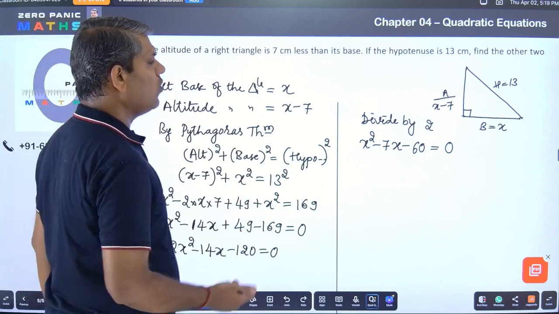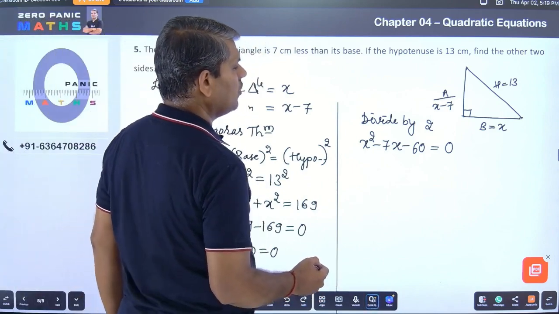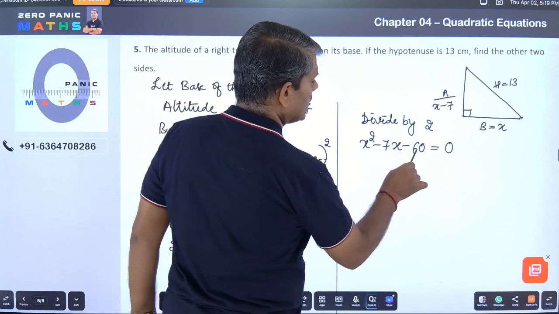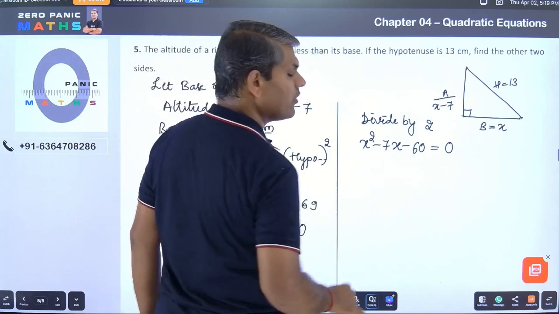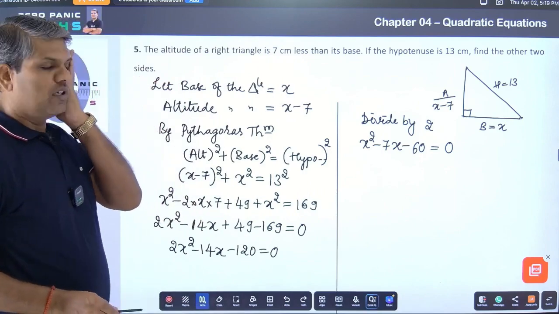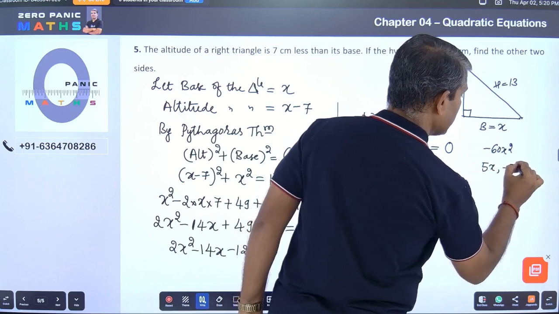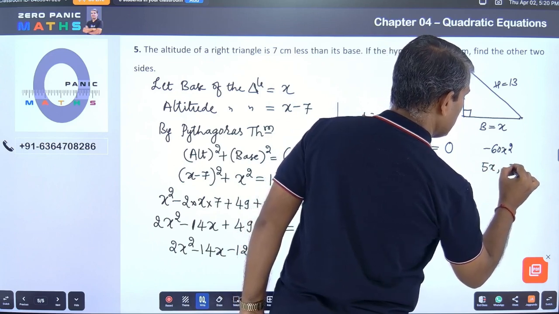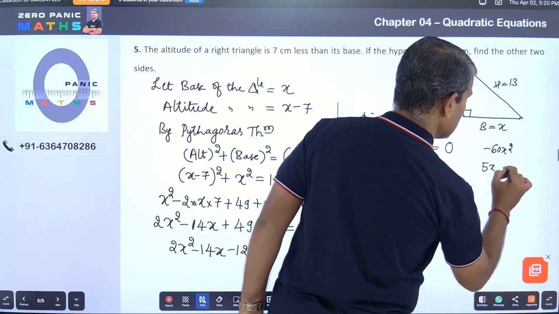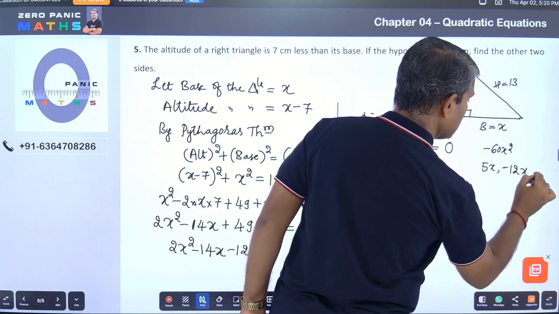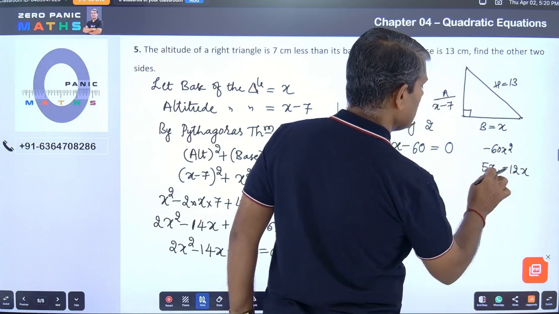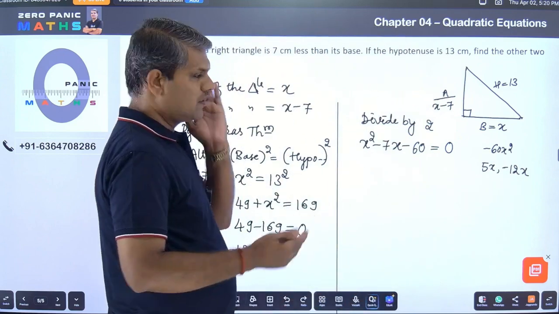Now what are the factors? 60 should be the product and minus 7 should be the sum. 5 and minus 12, right? 12 fives are 60, 5 minus 12 is minus 7. Yes, it works.